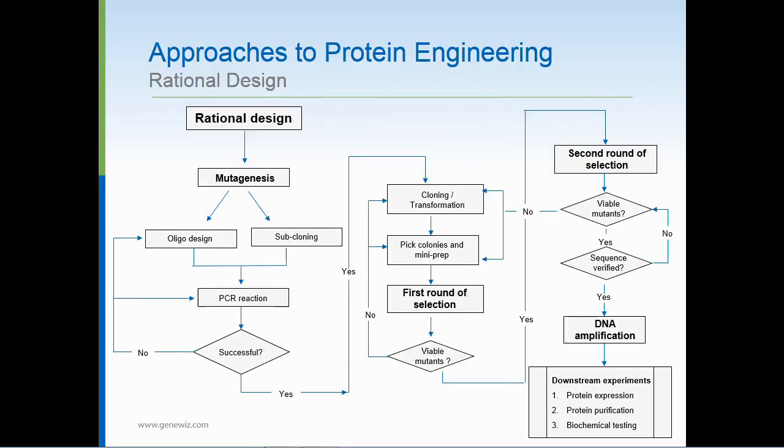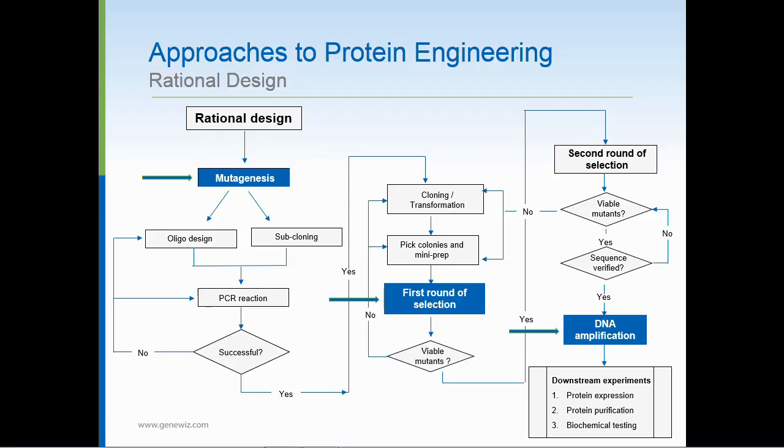Now, I know this slide is particularly busy, but let's move through it together. Within this process, mutagenesis is critical as it generates the mutants for downstream applications. Hence, the mutagenesis step must be successful, otherwise the entire process would fail.